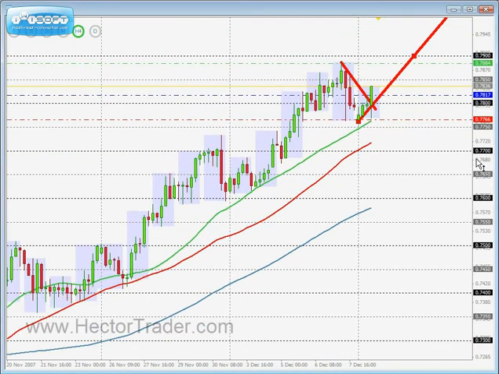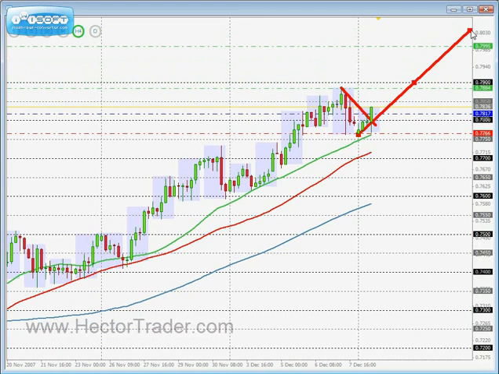Actually, let me stretch out the chart a little bit so you see that better. In my opinion, there is no point in trying to squeeze out these last 30 pips in this whole move.